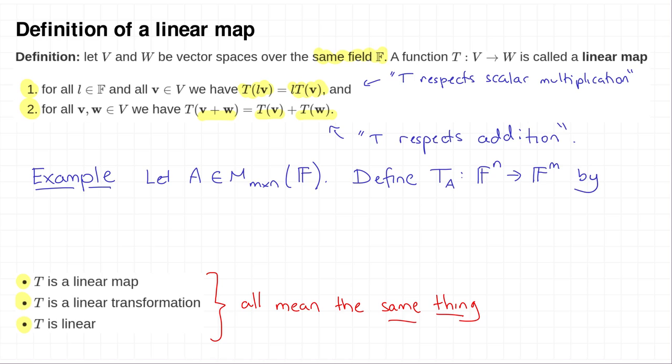And we define it by T sub A of a vector x is the matrix multiplication A times x. If you do that, T A is a linear map.